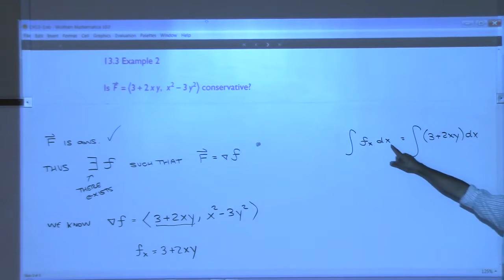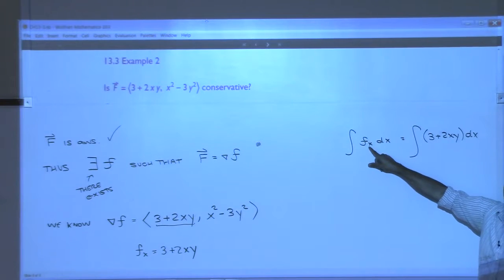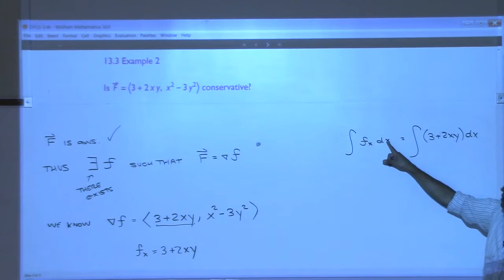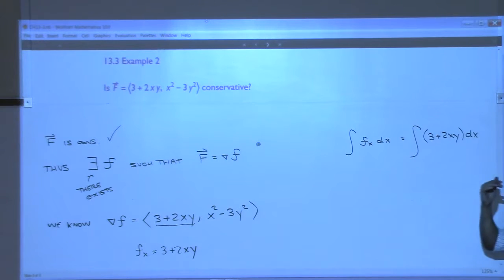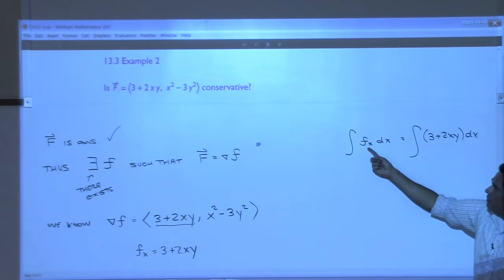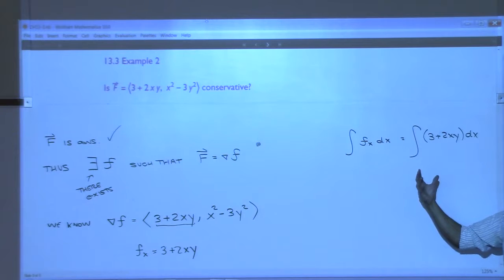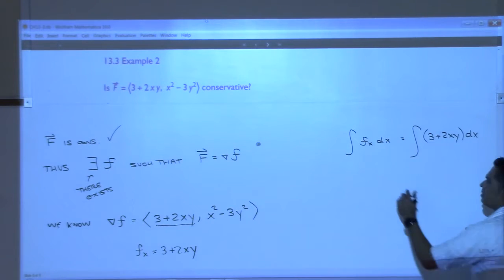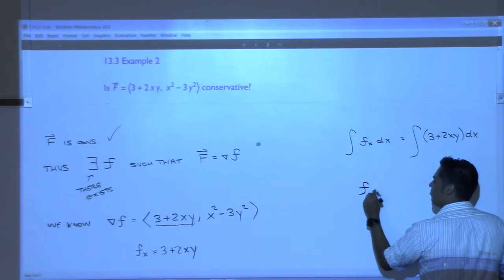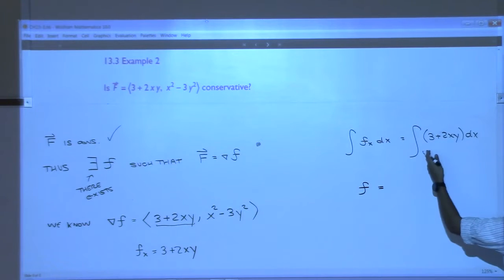I'm doing it with respect to x because this was the partial with respect to x, so integrating with respect to x should take me right back to where it came from. What's the antiderivative of the partial of little f with respect to x, with respect to x? Just little f, which is what we're trying to find. So little f should be equal to this antiderivative.